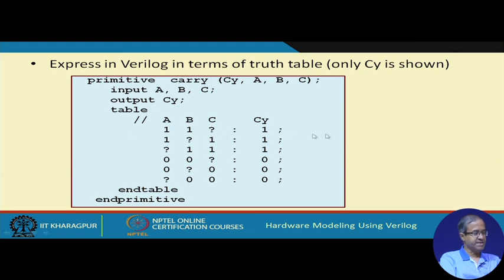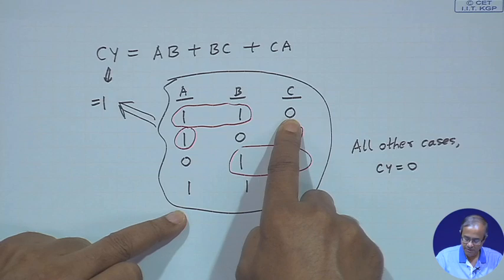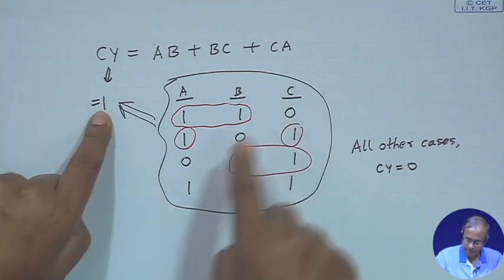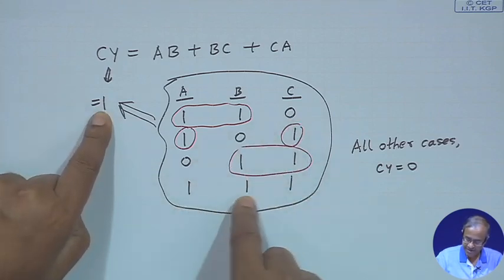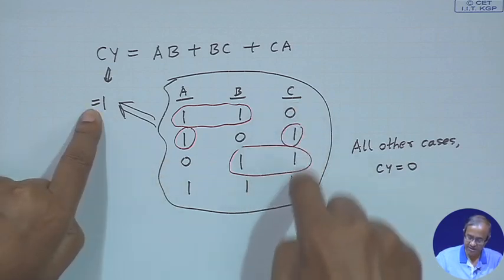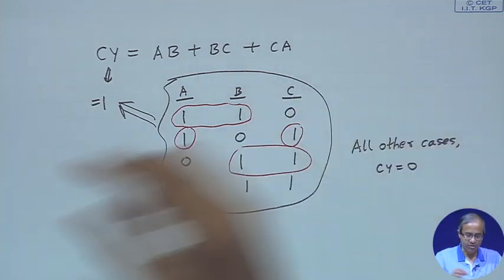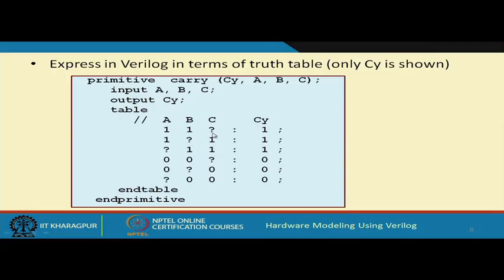The first line says if A and B are 1, but C is do not care, then carry is 1. If A and B are 1 and C is 0, then carry will be 1, and if A and B are 1 and C is 1, then also carry is 1. So, actually it does not depend on C, and we can write this in a concise way using the do not care notation.